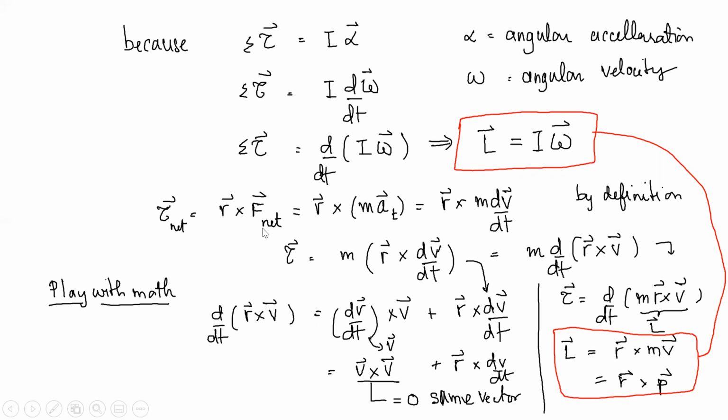So we get r cross ma, or r cross m dv by dt, and you get torque equal to m r cross dv by dt.